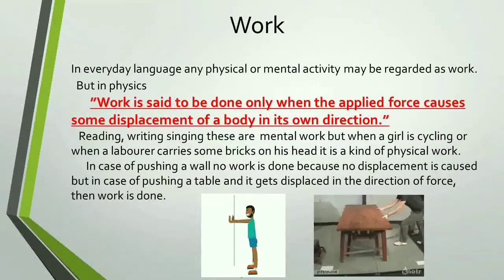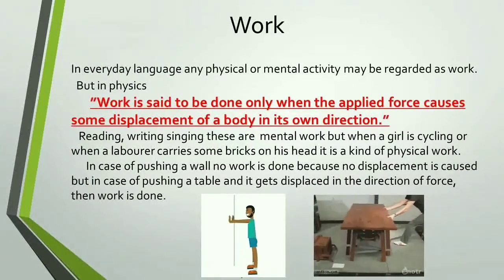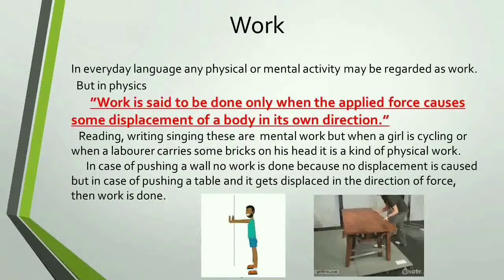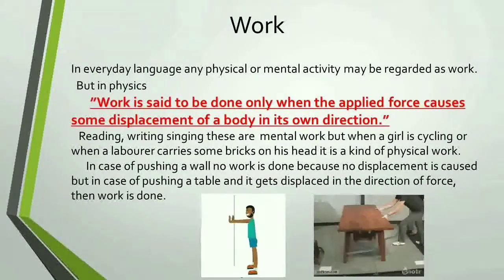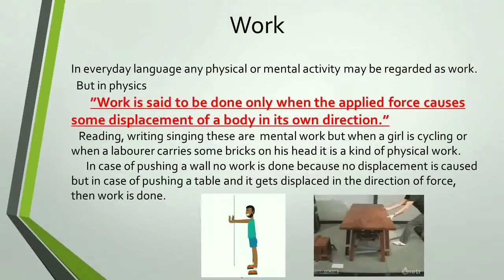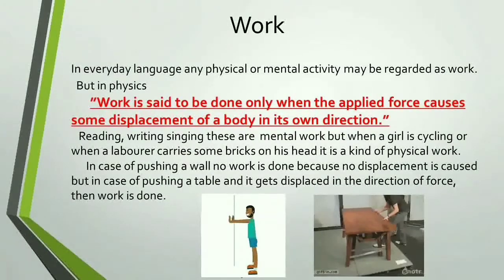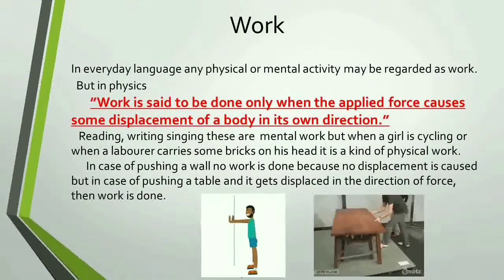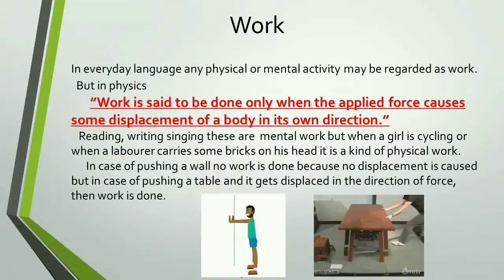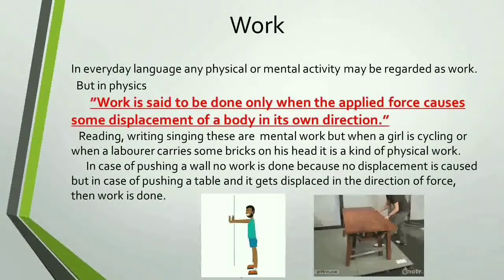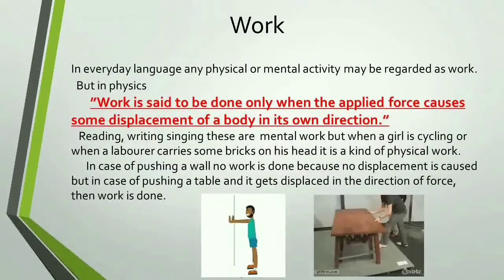Clear? You can see here in both the animated pictures. So in physics, there is a different definition of work. When a force causes displacement in its own direction, work is said to be done. Clear?